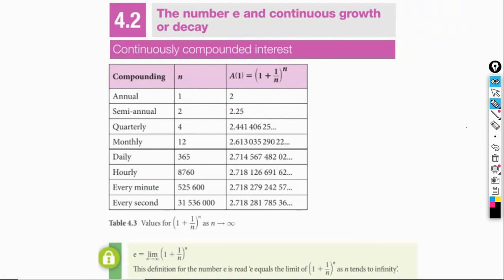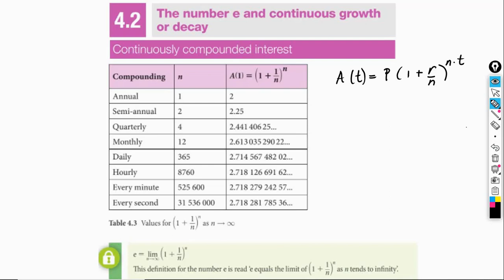So let's recall that the function for compound interest is the following, right? A of t is equal to the principal times 1 plus r over n, and this to the power of n times t, where n is the amount of times it's compounded per year.